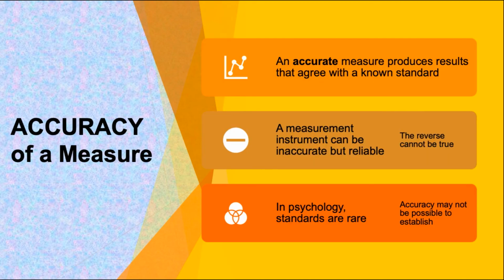We have also here, in psychological measurement, standards are rare, and therefore the accuracy of a measure cannot be assessed. This does not mean that you should ignore accuracy issues altogether.